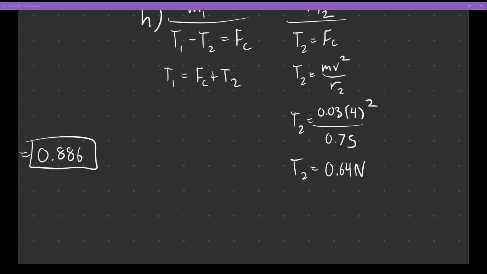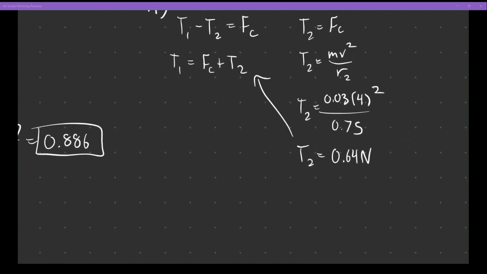And so I would take this, I'll put it back in here. So I'll get T1 equals FC splits out into mv squared over R1 plus 0.64. So I would get T1 equals 0.05 times the velocity 2.13 squared over R1, which is 0.4, plus 0.64.